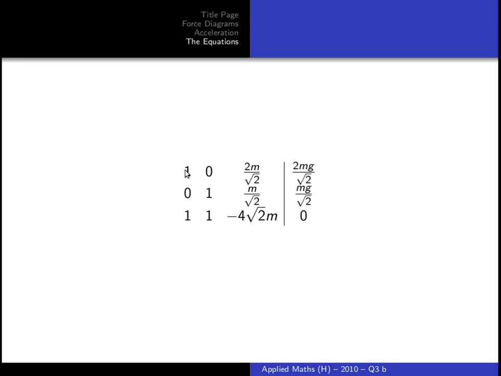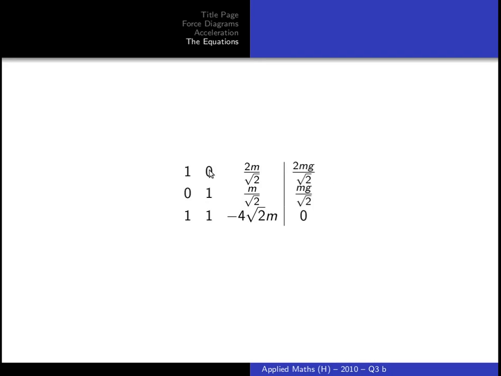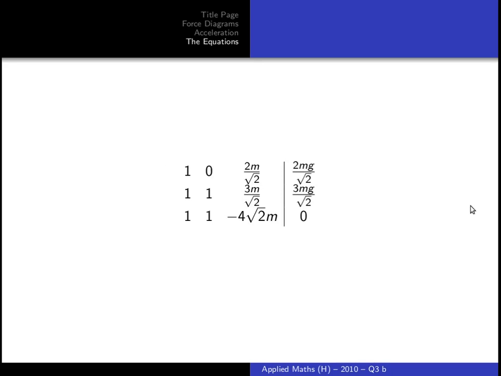So this 1 drops down, this 0 drops down, this 2m over root 2 drops down, and this 2mg over root 2 drops down. So I have like terms here that I can add and like terms here that I can add, so I just add them together, and now I get this problem.